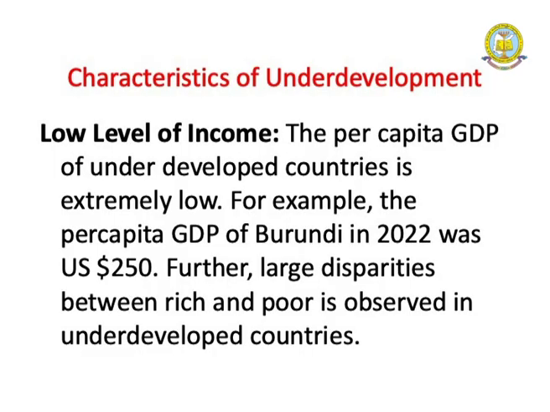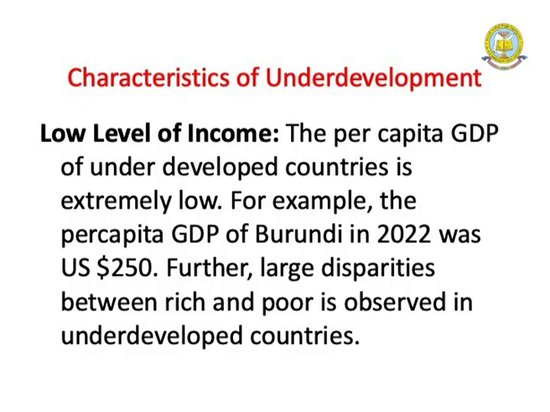The per capita GDP of underdeveloped countries is extremely low. For example, the per capita GDP of Burundi in 2022 was only $250 and it is more than $65,000 in the case of USA.